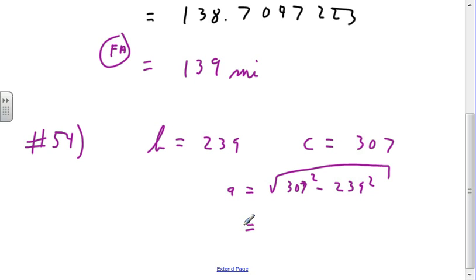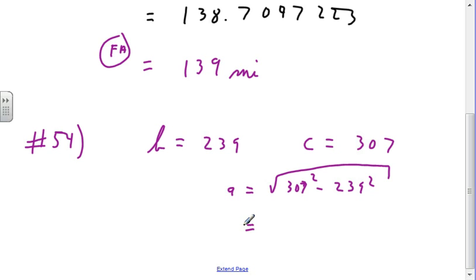Now, who said it was a right triangle? Where in the problem does it say this is a right triangle? Nowhere. But in this section of the book, do we have anything but a right triangle? No. So we have to assume we have a right triangle because the problem wouldn't make any sense any other way. Square root of 307 squared minus 239 squared.